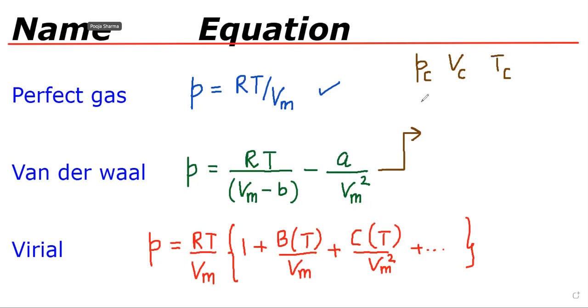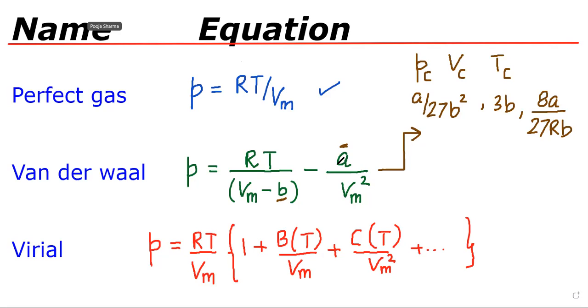You know that Pc is equal to a divided by 27 b square, Vc is equal to 3b, and Tc, no guesses about that, is 8a divided by 27 R b. That's amazing. Now, this equation actually depends upon these two constants, a and b. In order to get rid of a and b, you would like to have a better representation so that the equation has universal applicability, right?